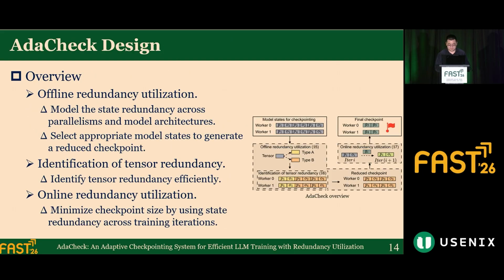Based on the opportunity identified above, we propose AdaCheck, which consists of three components. First, an offline redundancy utilization method that introduces the concept of tensor redundancy. It models the state redundancy inherent in parallelism and model architecture and selects appropriate model states to generate reduced checkpoints.